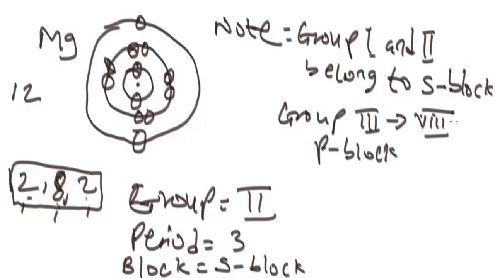Did I say group 8 or group 0? Whereas elements from 21 till 30, which are the transition elements, belong to the D block.